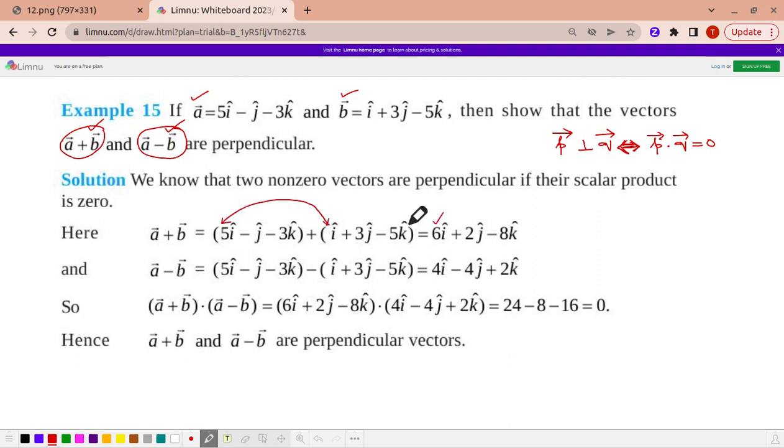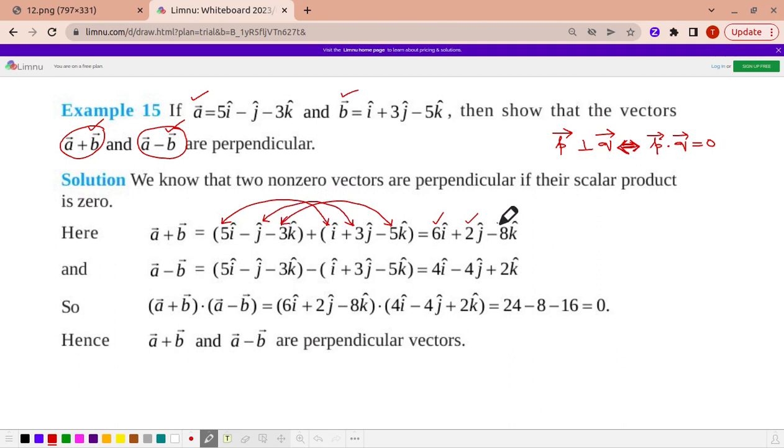Then the j cap component, that is minus 1 plus 3, that is equal to 2, and the k cap component, that is minus 3 and minus 5, that becomes minus 8.